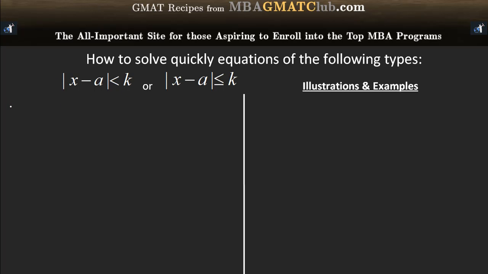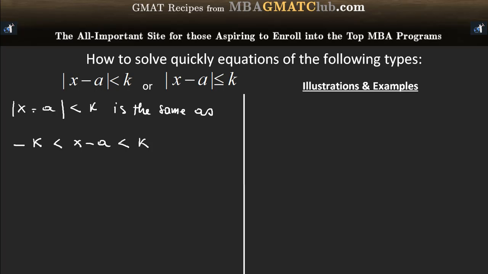So you're going to write that absolute value of x minus a less than k is the same as negative k less than x minus a less than k.